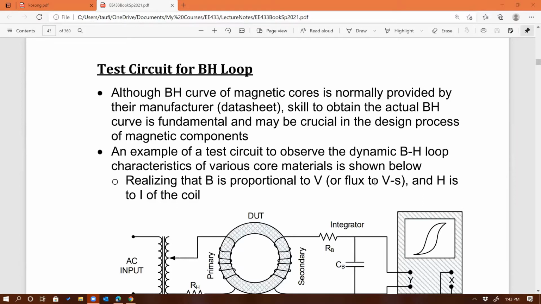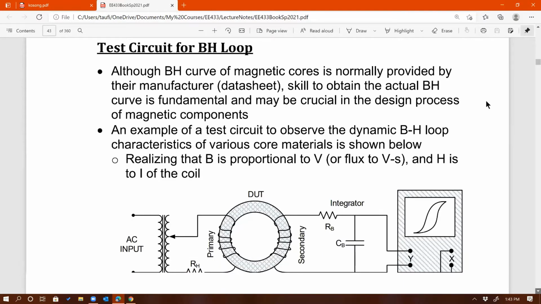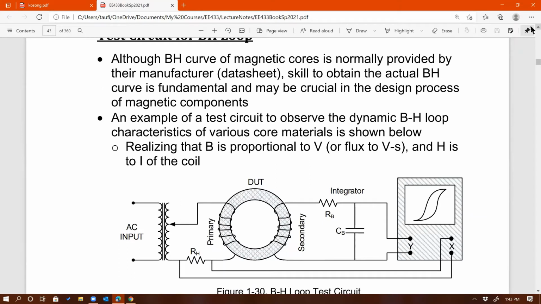There's no way for you to tell what kind of material this core is made from. So in that case, definitely you could build this circuit that we'll discuss soon, and then test the core yourself, right? So those are two different practical cases where you might need to build your own test circuit to characterize the core, right? Characterize meaning get the BH or hysteresis loop of the core.